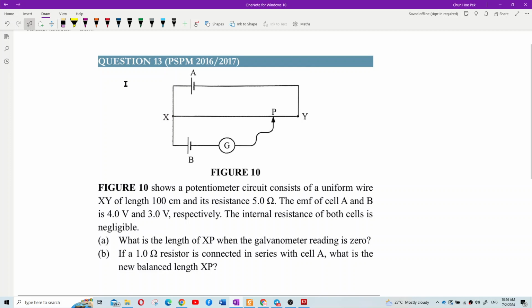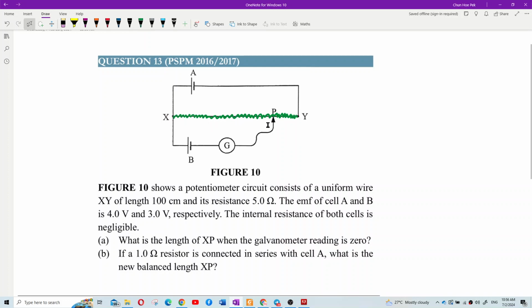Okay, let's do this question 13. Figure 10 shows a potentiometer circuit consisting of uniform wire XY of length 100 cm and resistance 5 ohm. So what he's saying here is this is a potentiometer. It has a uniform wire XY. You see here? Here actually is a resistance wire. The whole length here is actually a resistor.